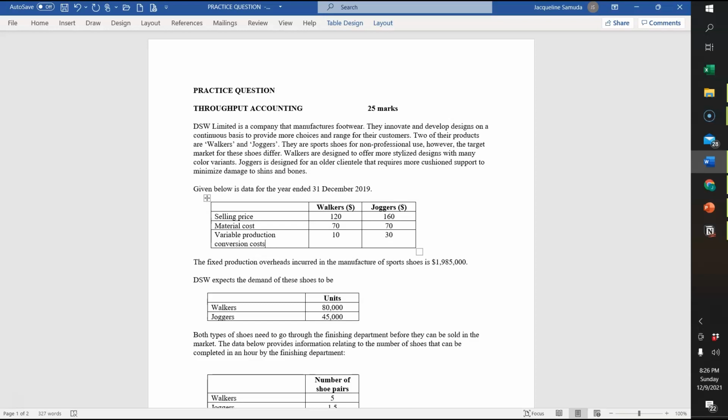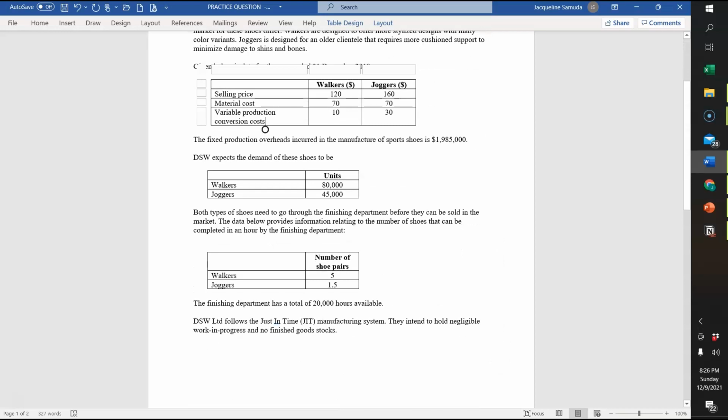Now, both types of shoes go through the finishing department, and now we're coming to the issue of the limiting factor. So the finishing department has been identified as the limiting factor, and you're told in the next table how many pairs of shoes are made in 1 hour in this department.